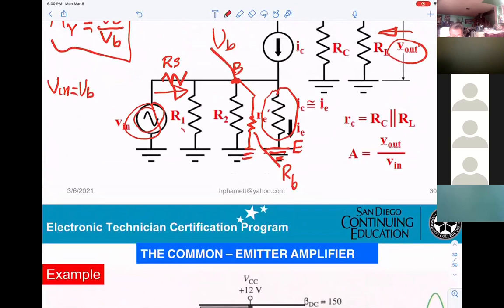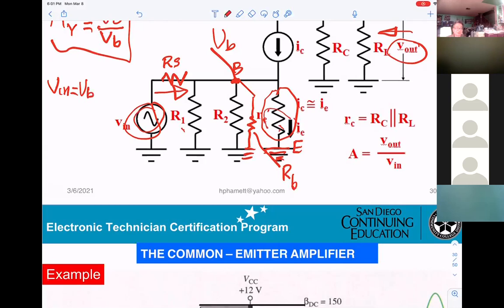No. The thing is, when you calculate the RB, they will include the R prime E. The way I'm looking at the drawing, I see R1 in parallel with R2 in parallel with RB in parallel with R prime E. What I'm saying is RB will be including R prime E inside the transistor when you do your calculation for RB.